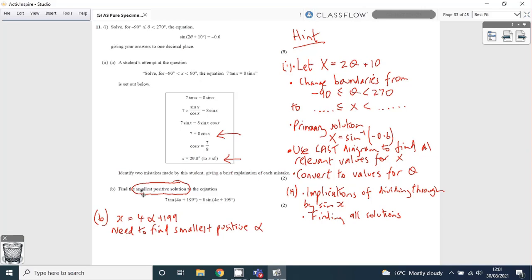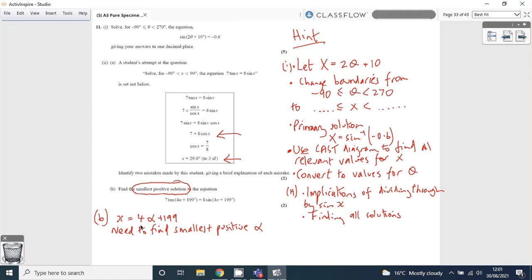Now for part B, you'll see that this is just a variation of our starting point for 2 part A, where x is being replaced by 4 alpha plus 190. So go back to your 2A answers and think about all the various solutions. Both those that you found within this restriction of minus 90 and plus 90, but then also think about other possible solutions if you ignore this restriction.